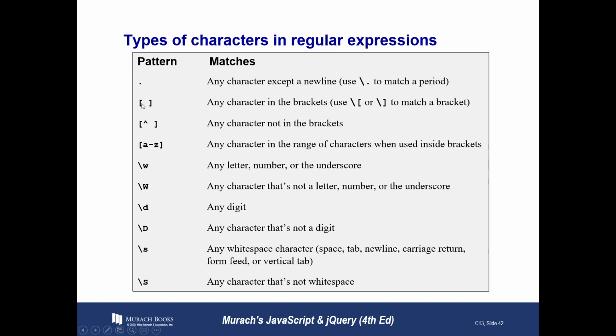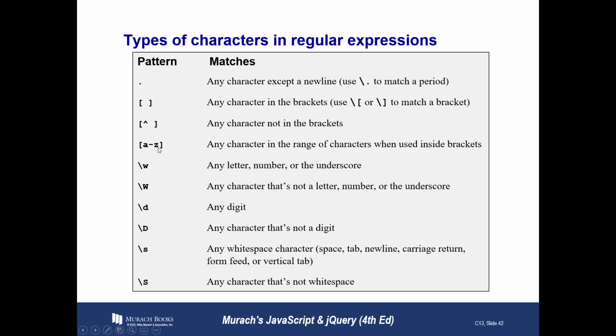When we have brackets, this means that any one character in the middle can be matched. When we have this symbol, the caret, this means that anything but the characters in this bracket can be matched. Anything else other than these characters.